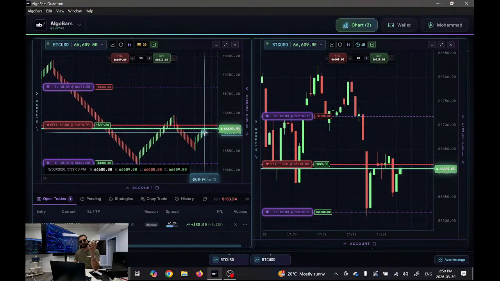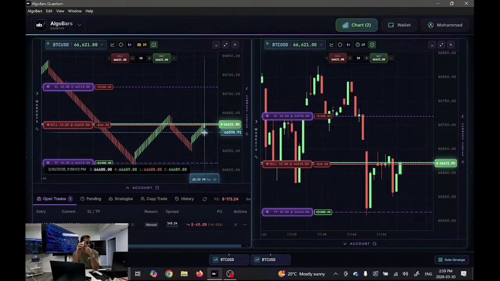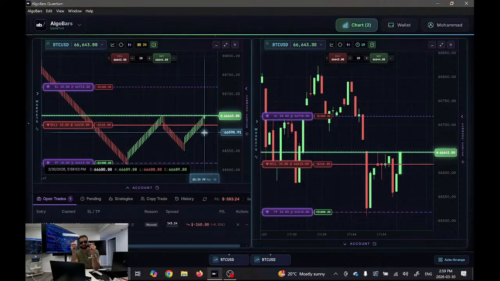So, here's my strategy. It has 3 parts. Step number 1: we're always risking less than 1%. It's very important. I risk around 0.1%, so very, very low risk. Second step, I always enter at the range bar reversal. What does that mean?